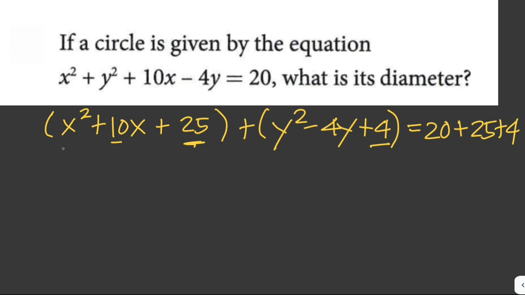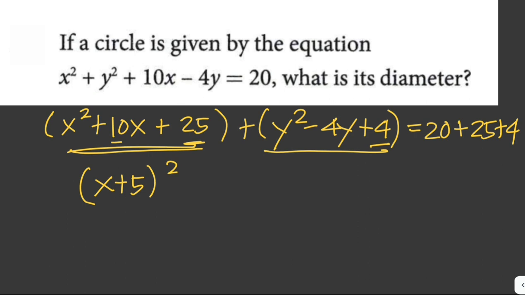Now we can write these equations here, since this is a perfect square, as (x plus 5) squared plus (y minus 2) squared, and this is just 49.